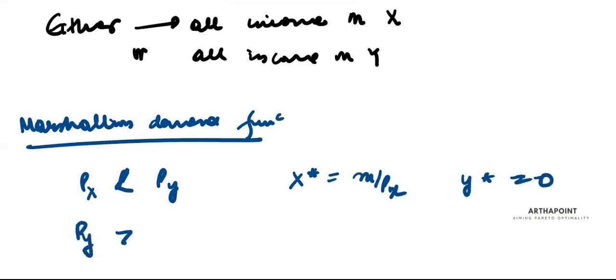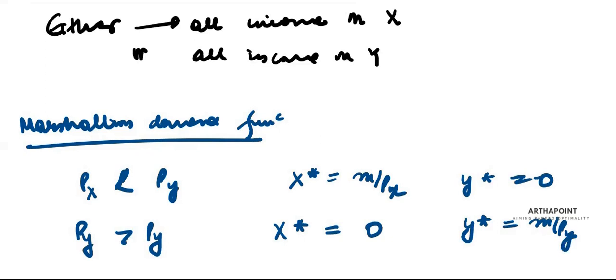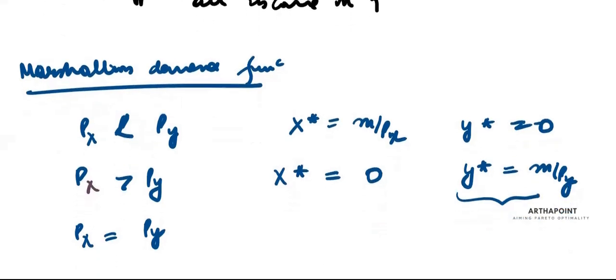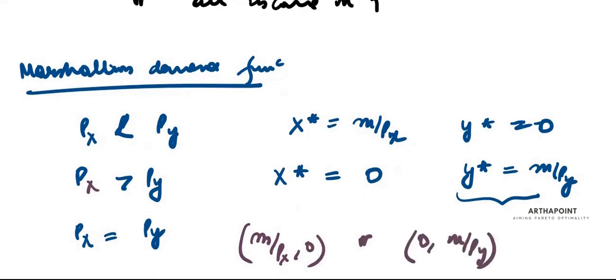When Px is greater than Py, X star is 0, Y star is M by Py. You just put X star equal to 0 in the budget line, you will get this as Y star. And when Px is equal to Py, then either you get M by Px comma 0 or 0 comma M by Py. Nothing in between. That's your equilibrium.